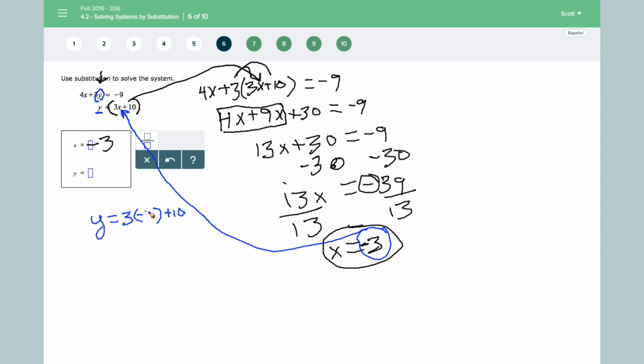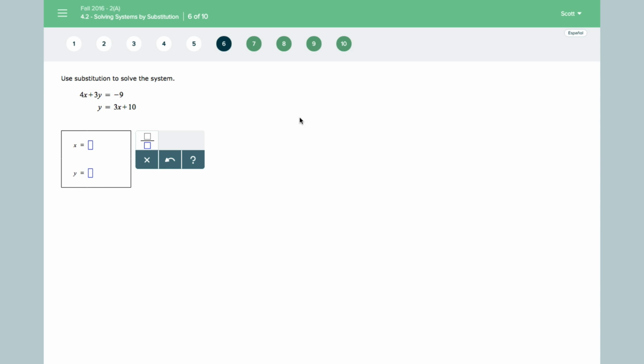X is negative 3. So now let's solve. Y equals 3 times negative 3, which is negative 9, plus 10. Y equals 1. So there's our two answers.